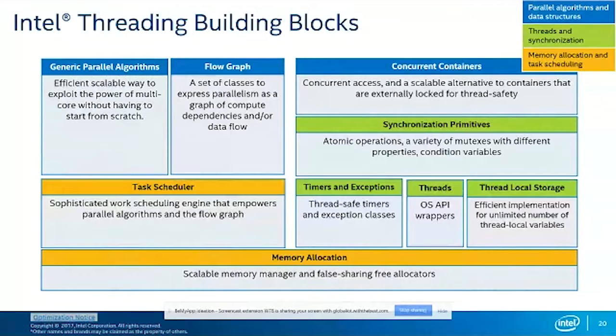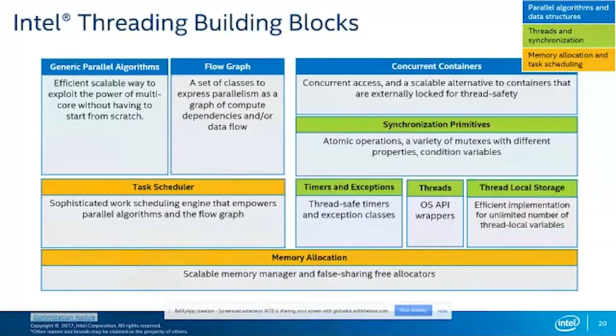And also this library provides some APIs for memory allocations, because memory allocation is essentially just a sequential operation. If you have many memory allocations and deallocations, it can bring some performance problems.